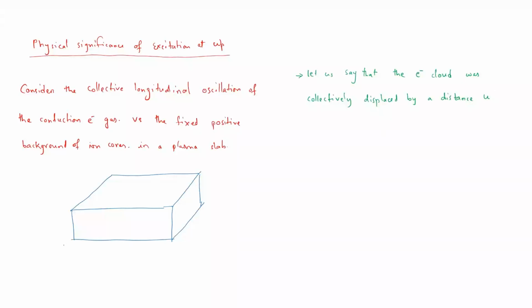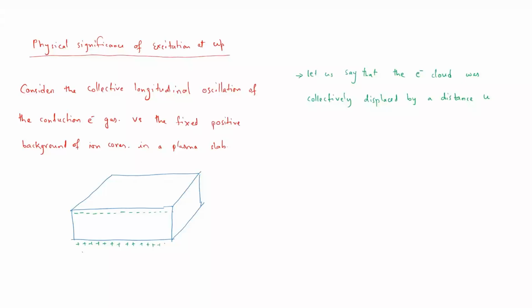So what happened is, for this particular slab, this got negative charges here at this surface, and here there are positive charges. So the electrons moved upward by a very small distance u.